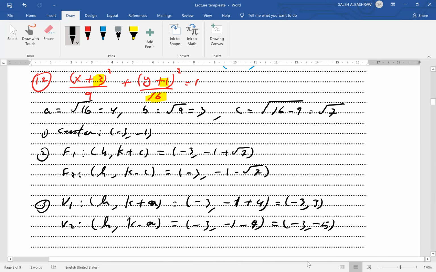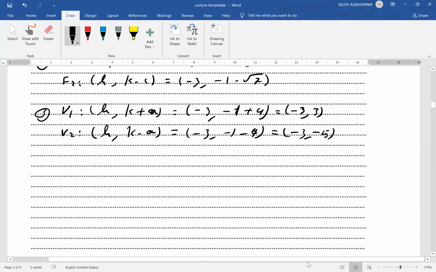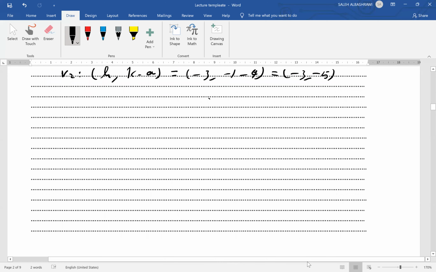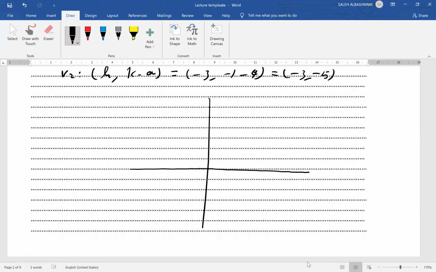We can sketch the ellipse. It's vertical. Center is minus 3 and minus 1. This is the center. And the major axis will be vertical.